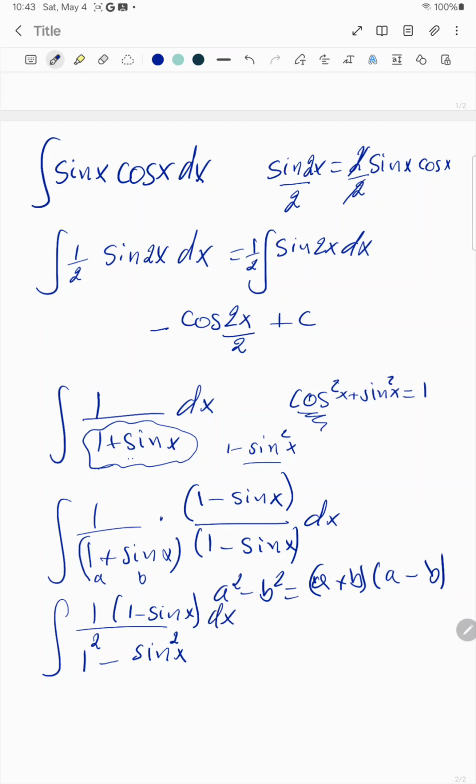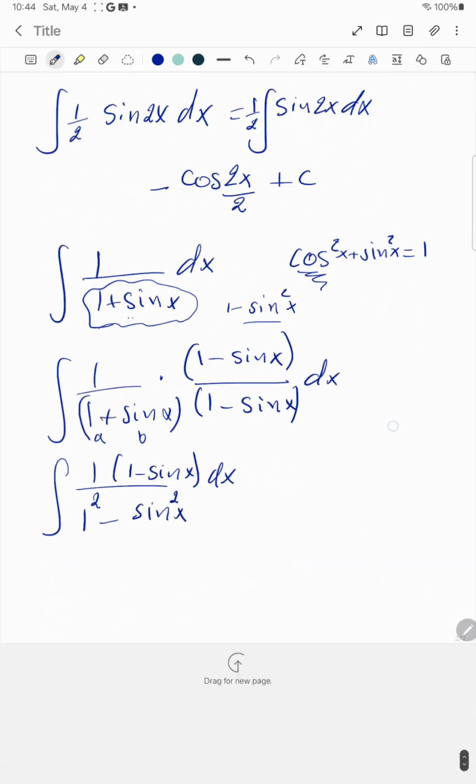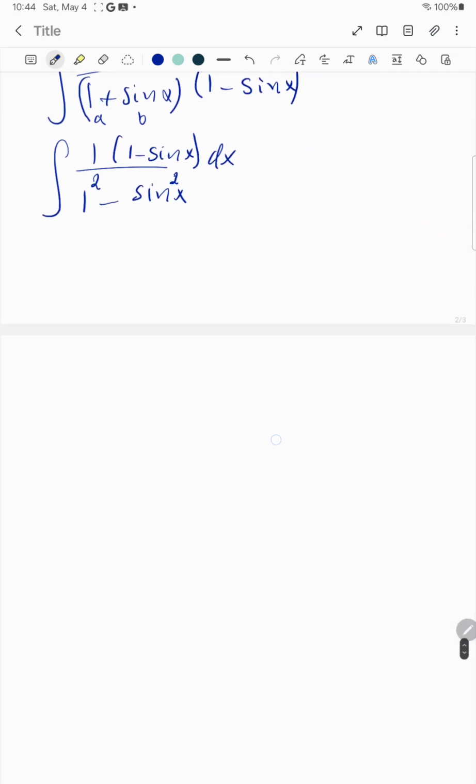dx. I will erase the formula here. I just wanted to show it to you. So now it will become the integral of 1 times 1 minus sine x, which is 1 minus sine x, divided by 1 square, which is 1 minus sine square of x, dx.